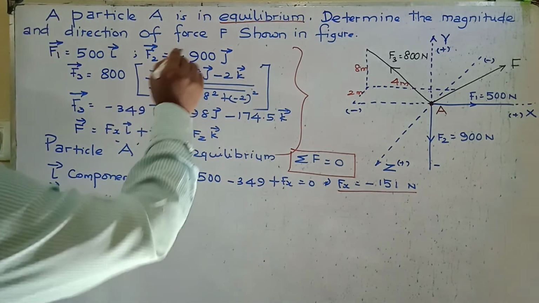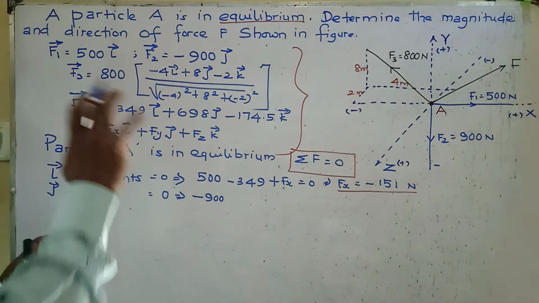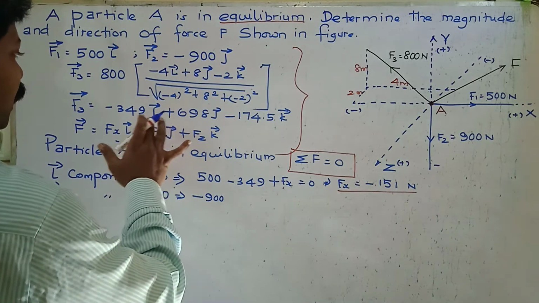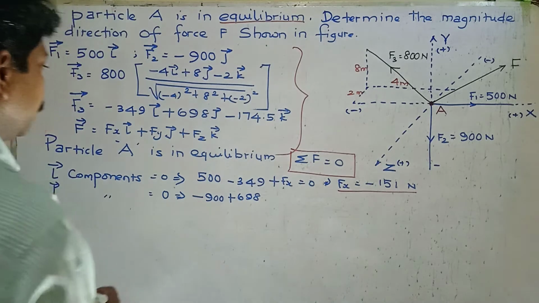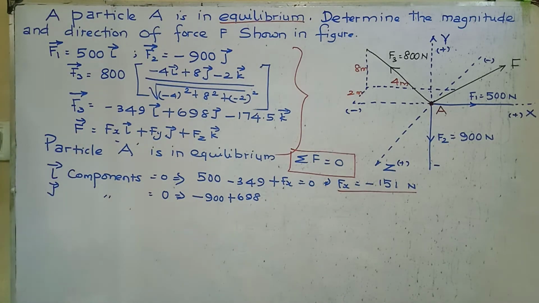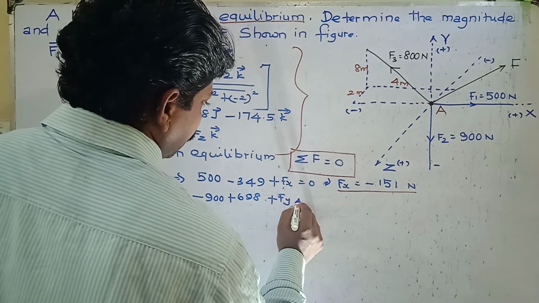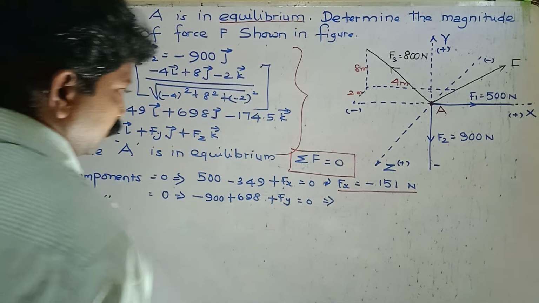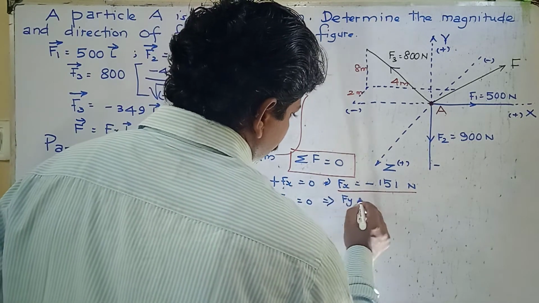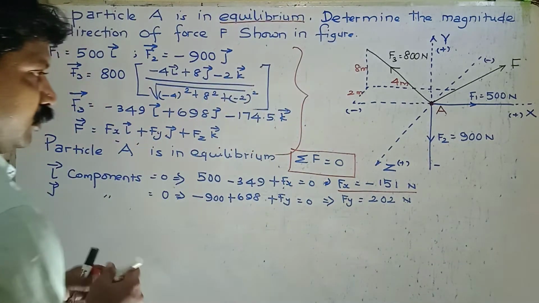So minus 900; the first force has no j vector component; the third force has plus 698; and in force F plus Fy, equal to 0. From that Fy equals 202 Newton.